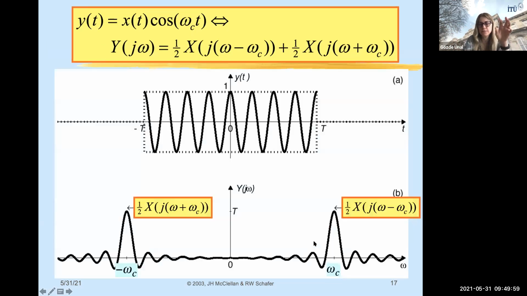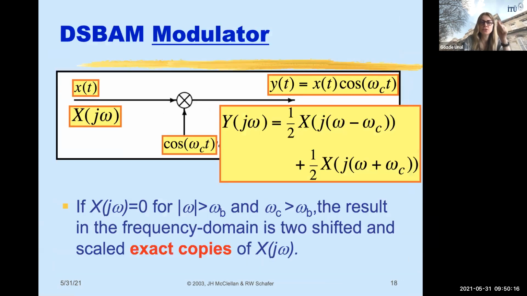You see at plus minus omega c, these are those sincs shifted to those two locations. Now at the receiver, I'm going to come to that, we want to see the demodulated signal.